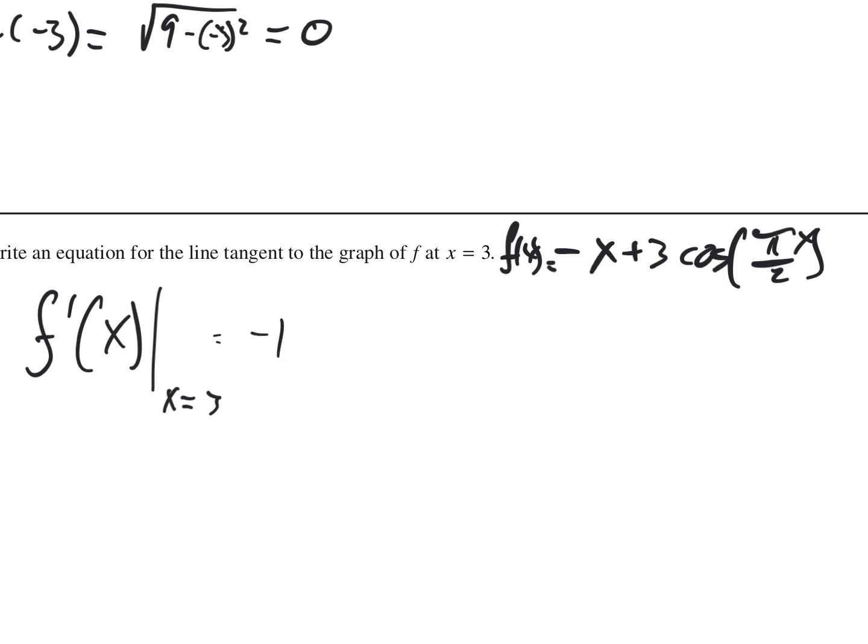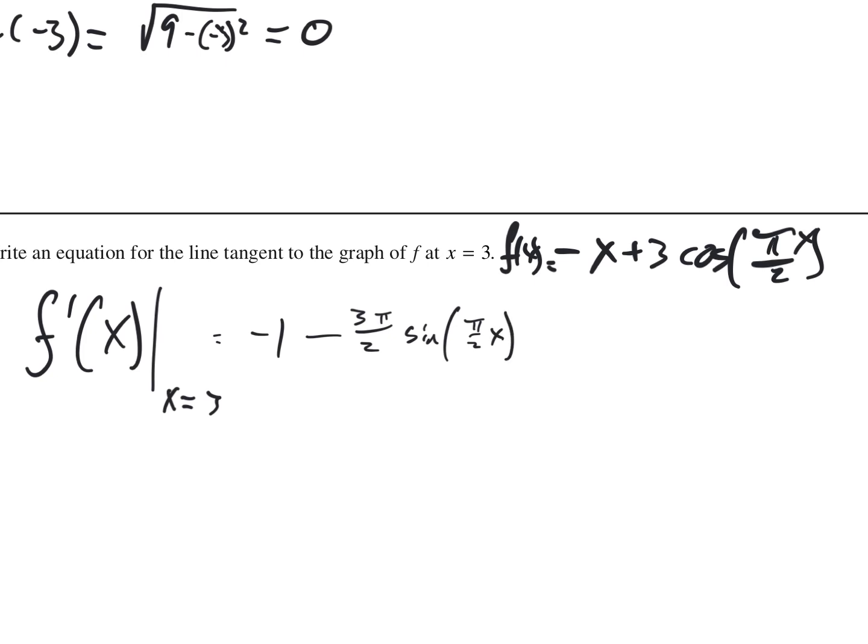We have negative 1 plus, the derivative of the inside is going to be pi over 2 times the 3 that was already there, 3 pi over 2 times cosine, sine, right? It's actually going to be negative sine. So let's make that negative, and negative sine of the inside. So we just did the chain rule there.